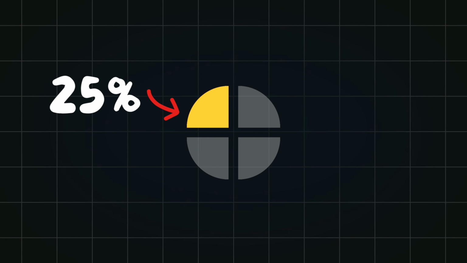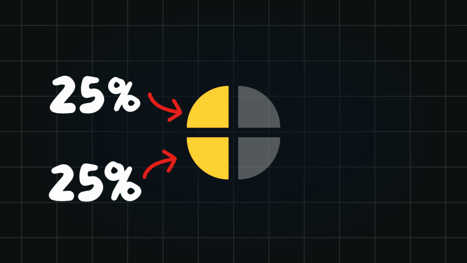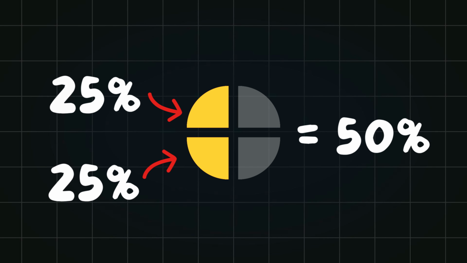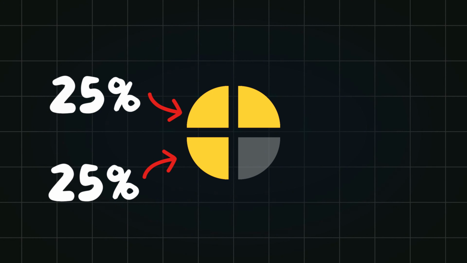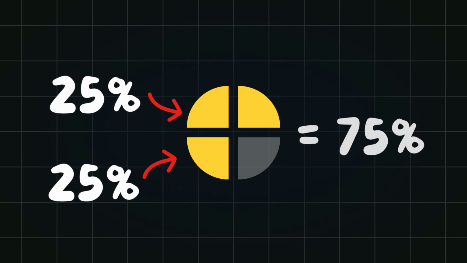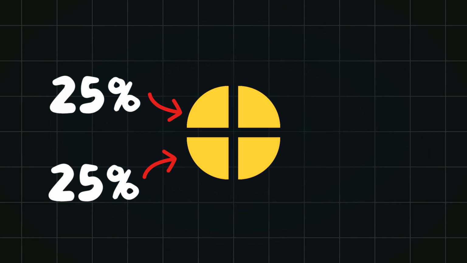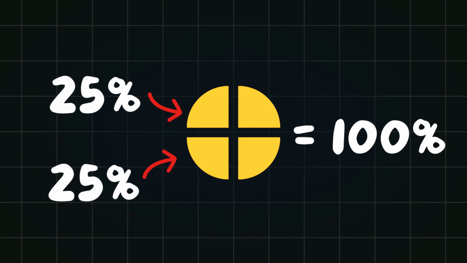That would be 25%. And what is 25% plus another 25%? That would be 50%, you see? So this can also relate to what we learned with fractions. 2/4 is equal to a half, aka 50%. 25% plus 25% equals 50%. What if we add another 25%? That would make 75%. And what if we add another one of the 25%? Then we would get 100%, which is equal to 1, which is also equal to the whole thing.